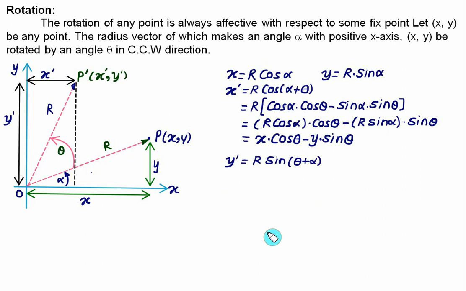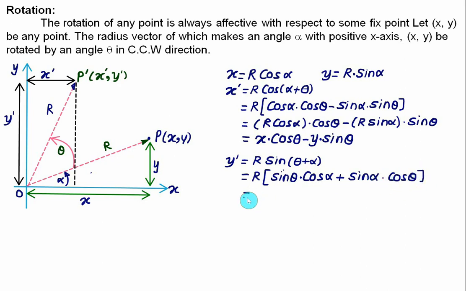Similarly, we have y prime is equal to r into sine of theta plus alpha. In this case we can again expand: sine of theta plus alpha is sine of theta into cos of alpha plus sine of alpha multiplied by cos of theta.